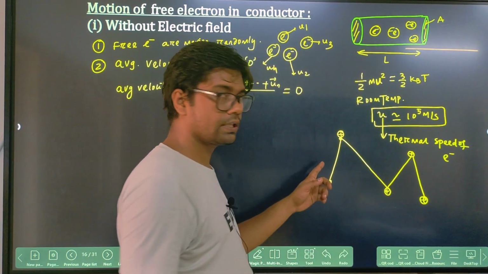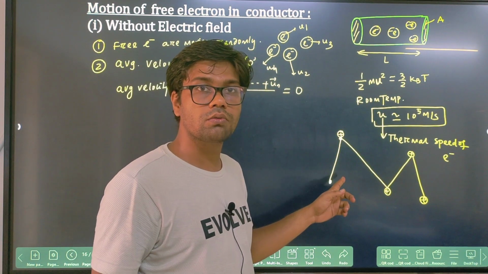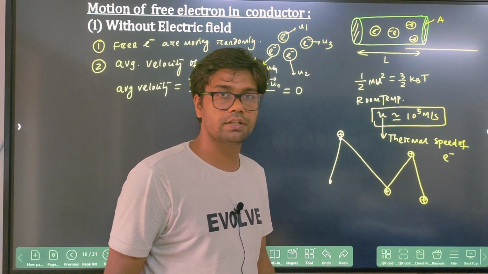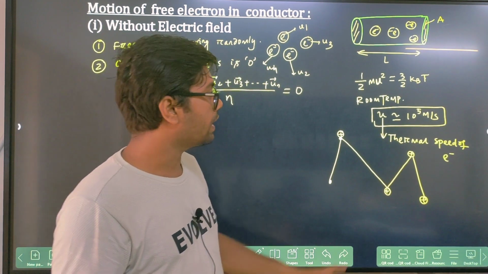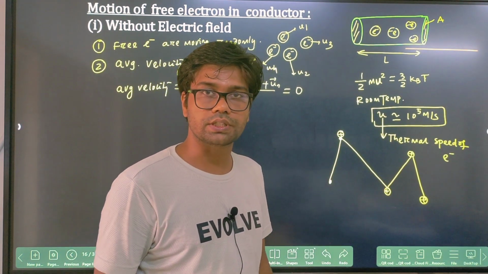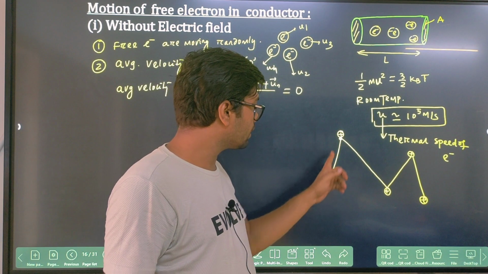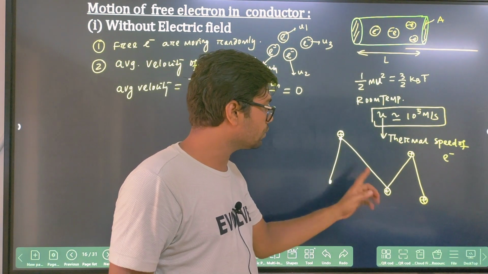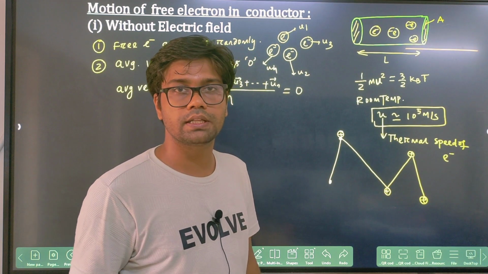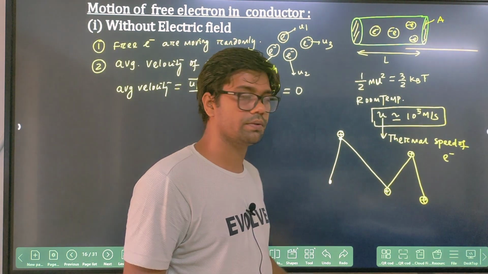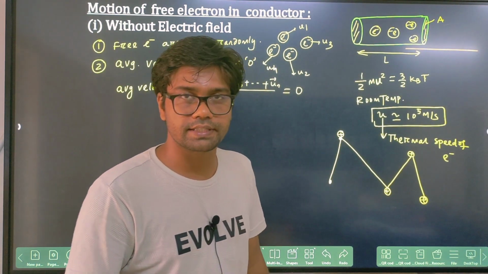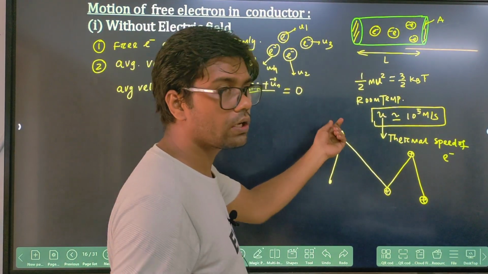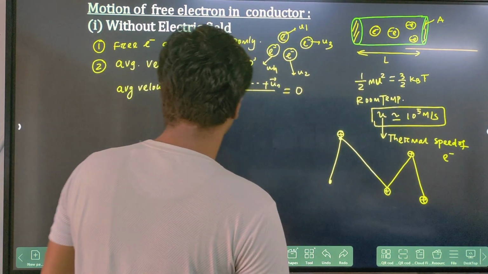In this process the electron does not change its speed, only its direction changes. Whatever speed it has before the collision, it has the same speed after the collision, but the direction changes after the collision with the lattice point or positive ion. Clear?